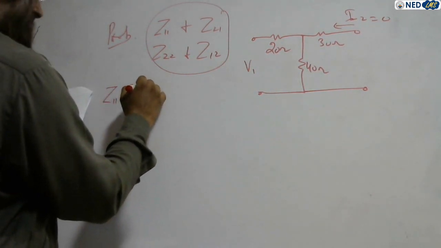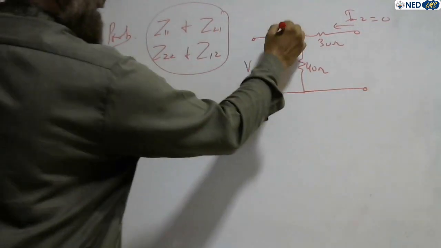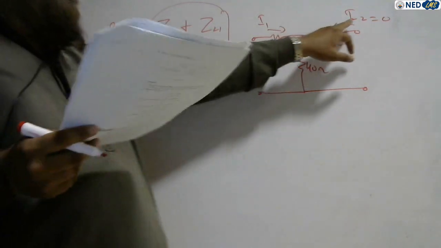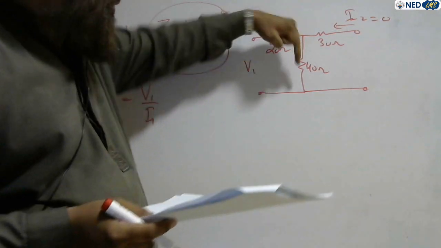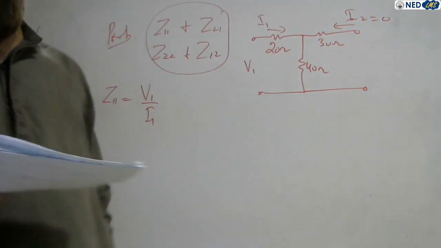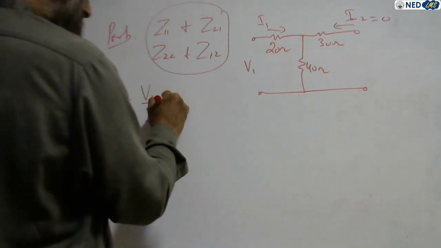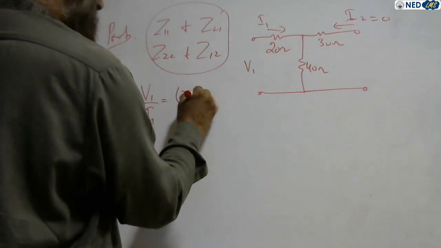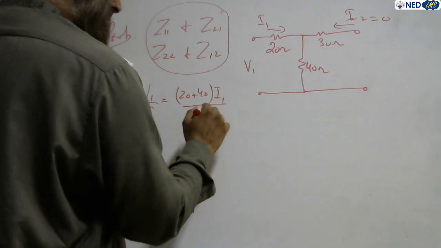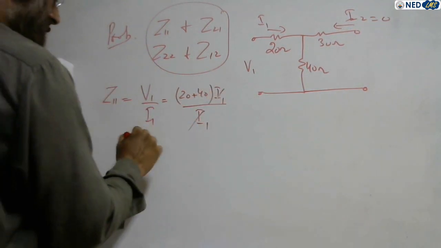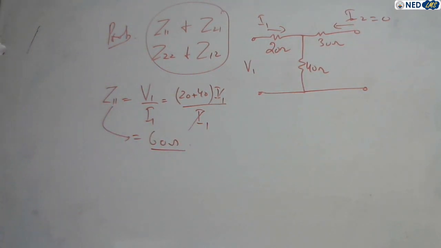The impedance is the ratio of voltage over current, here V1 over I1. The whole current flows through 20 and 40, which are in series because the same current flows. So V1 is 20 plus 40 times I1, over I1. I1 cancels, so the first parameter Z11 is 60 ohms.